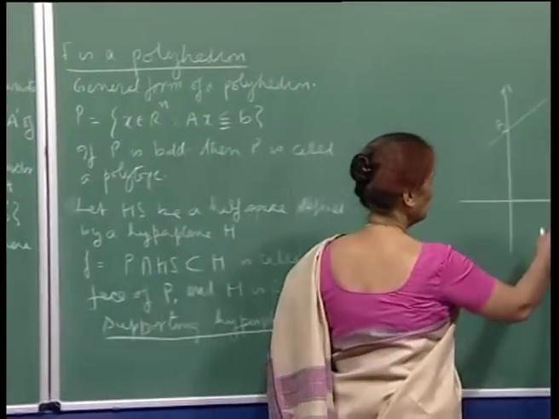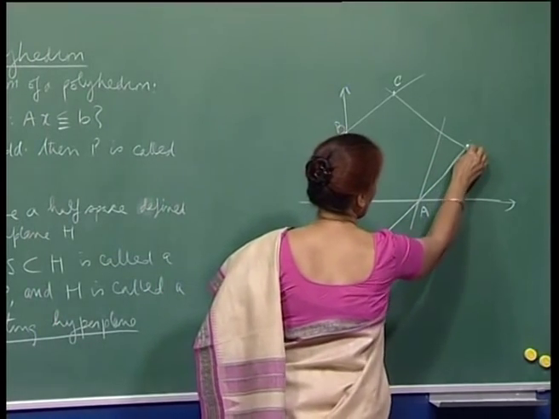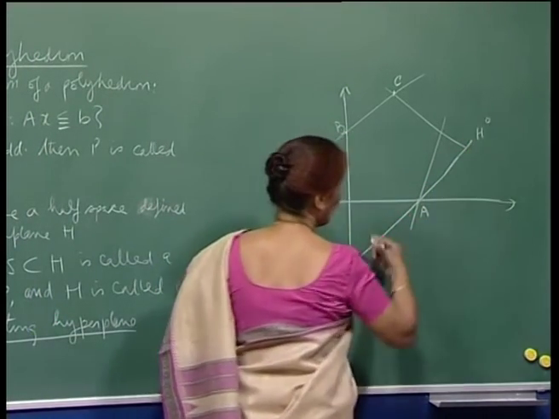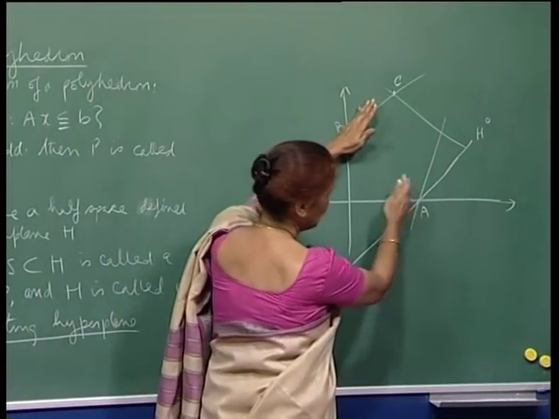Say, for example, suppose this is a hyperplane H0. The hyperplane has two half spaces, on this side and this side.